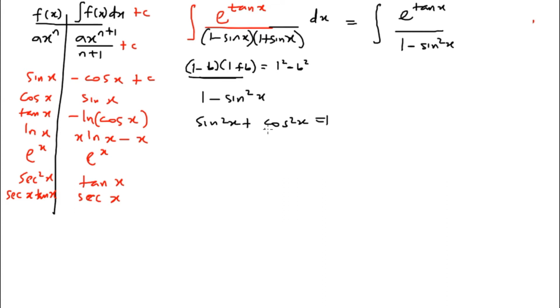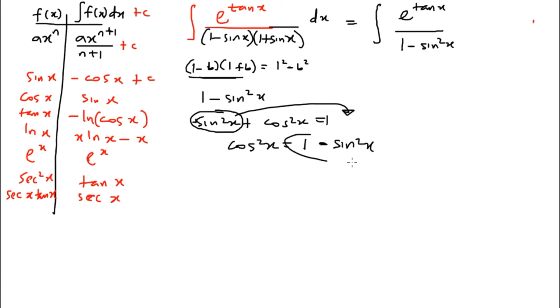If I transfer sine squared x to the other side of the equation, the sign changes: plus becomes minus when it crosses the equal sign. So cos squared x is 1 minus sine squared x.